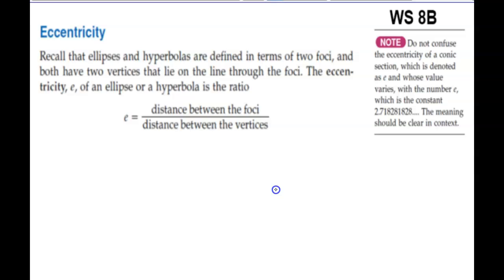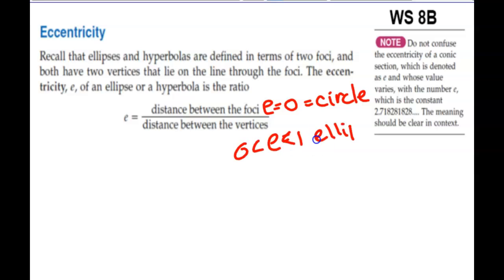Oh, I lied. Really small means it's almost circular. Because what happens when we put the foci right on top of each other? Circle. So that's when it's 0. All right. So the distance between the foci is 0 for a circle. So the eccentricity is 0 for a circle. For an ellipse, it was somewhere between 0 and 1. And the closer it was to 0, the closer it was to a circle.